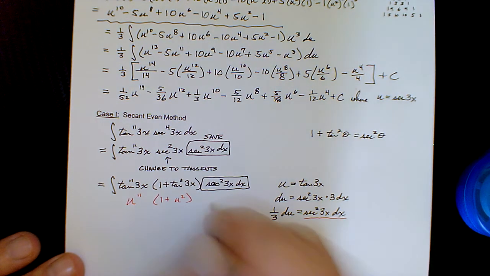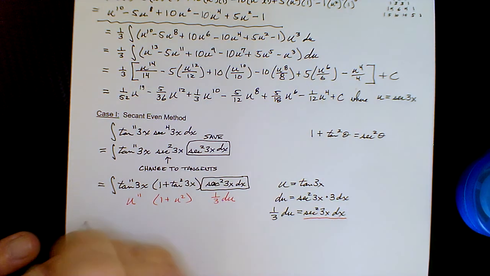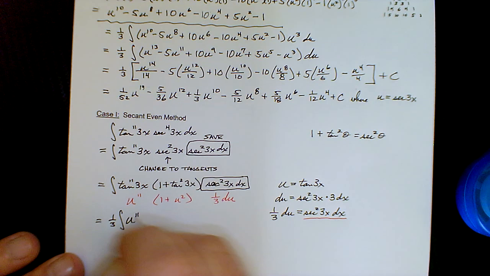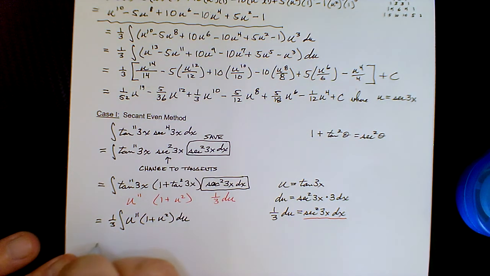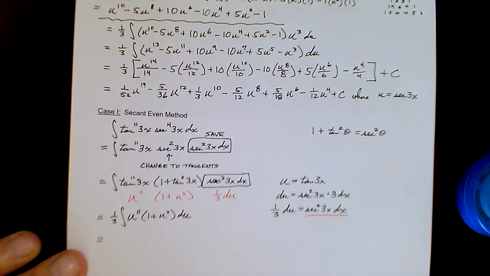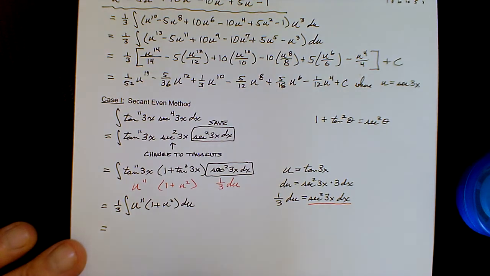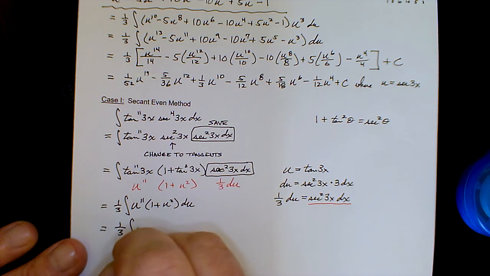So change of variables, bring out the 1/3 integral u to the 11th times 1 plus u squared with respect to u. And you can see this was a lot easier because now we don't need the binomial theorem or anything like that. All we have to do is distribute the u to the 11th. So we get 1/3 integral of u to the 11th plus u to the 13th with respect to u. And now we can integrate term by term.